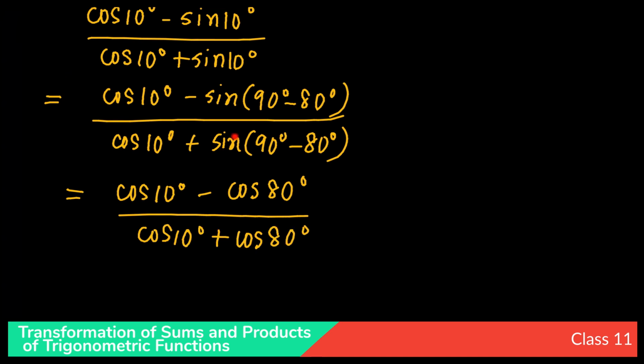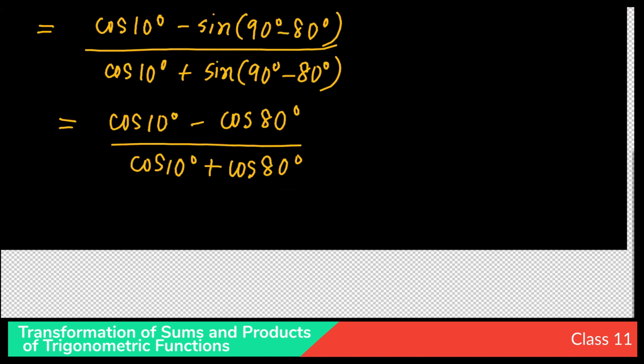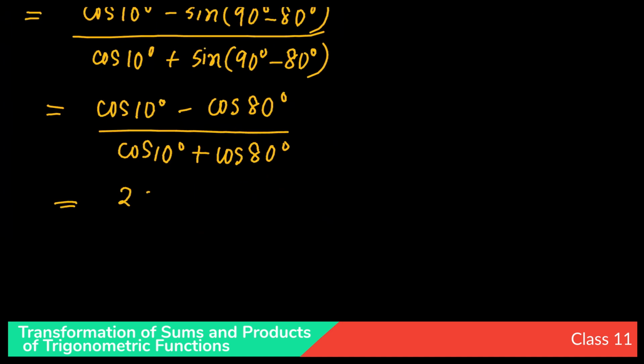Now if you see here, if I take 10 as my C and 80 as my D, and here also 10 as C and 80 as D, it is cos C minus cos D by cos C plus cos D. Okay, so cos C minus cos D means 2 sine C plus D by 2.